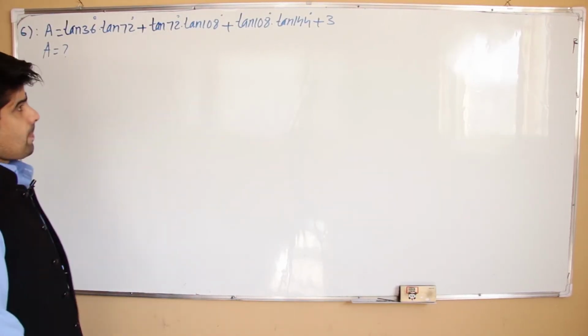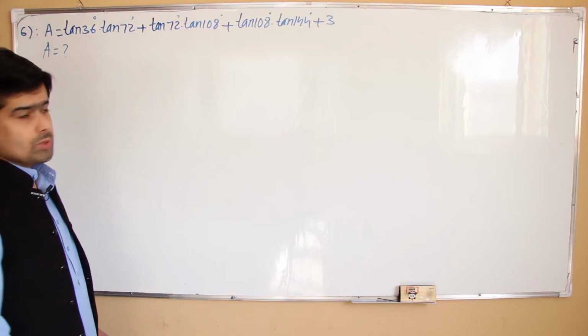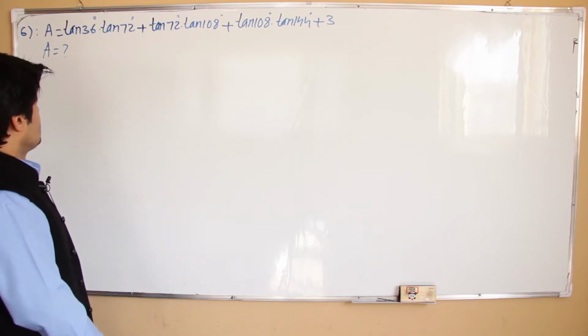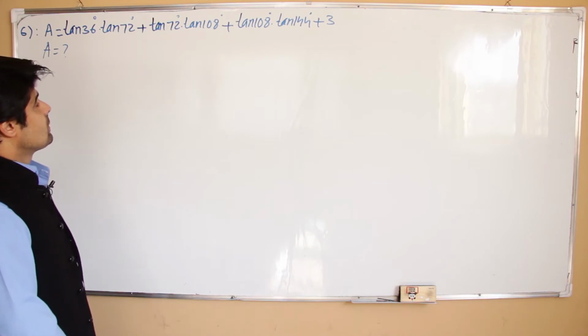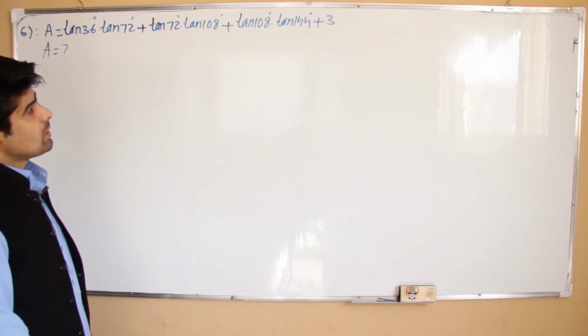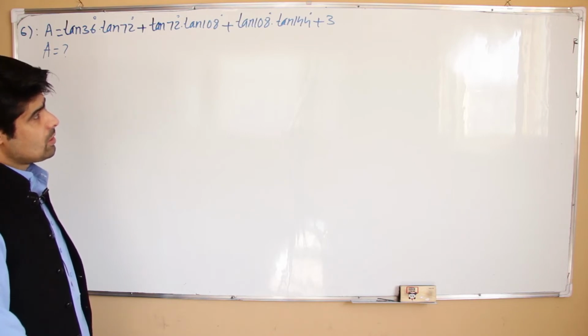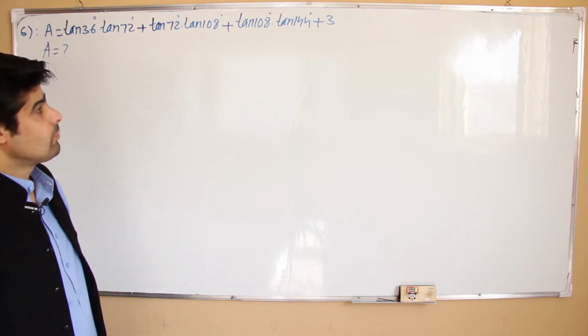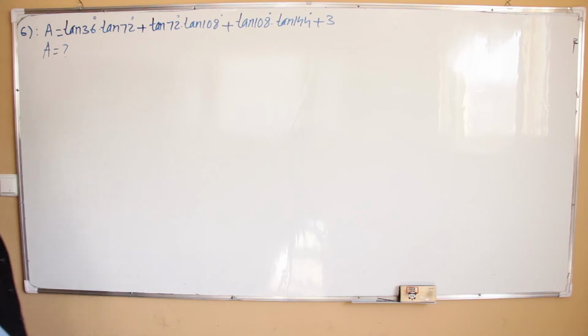Question number 6, a very tricky question we have. Tangent 36 times tangent 72, plus tangent 72 times tangent 108, plus tangent 108 multiplied by tangent 144, plus 3. Now what is A? After simplification, what is our value for A? Very simple. Can I write this one?